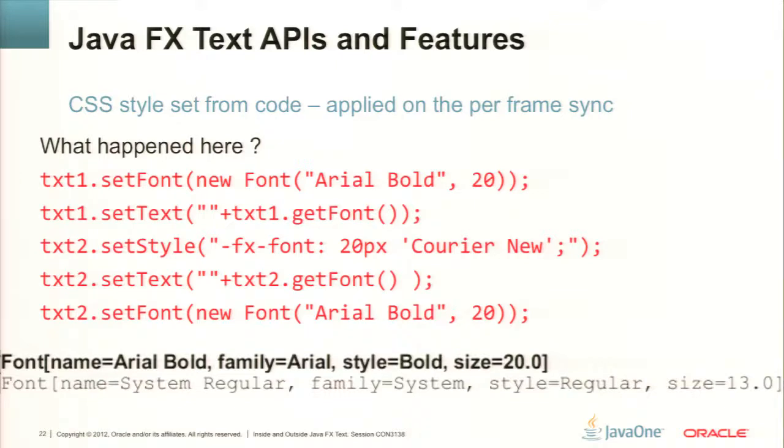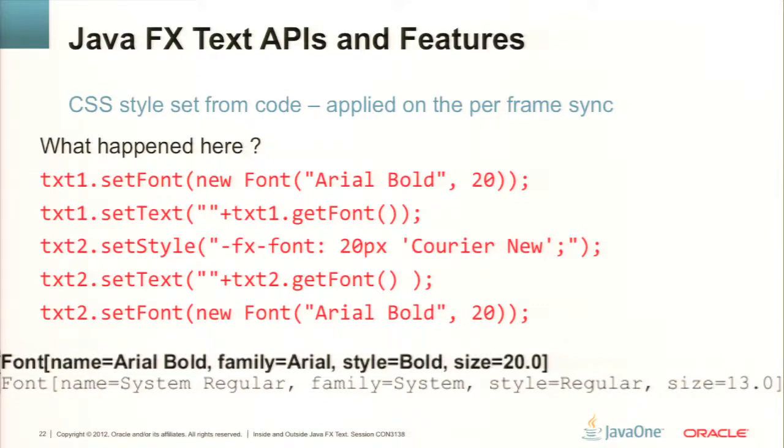Well, none of these things happened. The font that we got, even after calling set style, was the default system font, regular. And the font that we set last, Arial bold, isn't what was used to render. So what basically happens is that set style, when you call it from code like this, is deferred until what we call the per frame sync pulse.